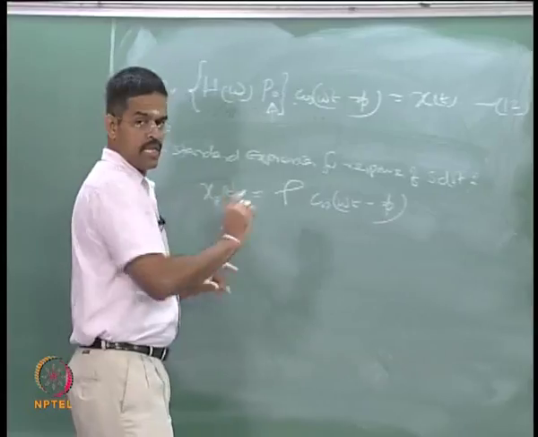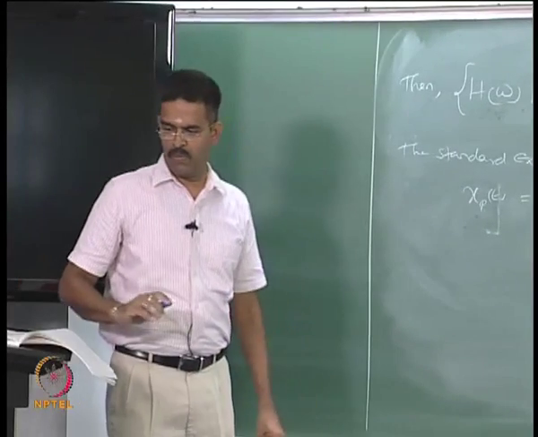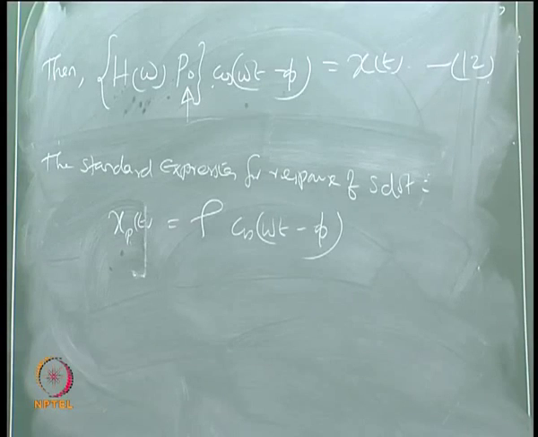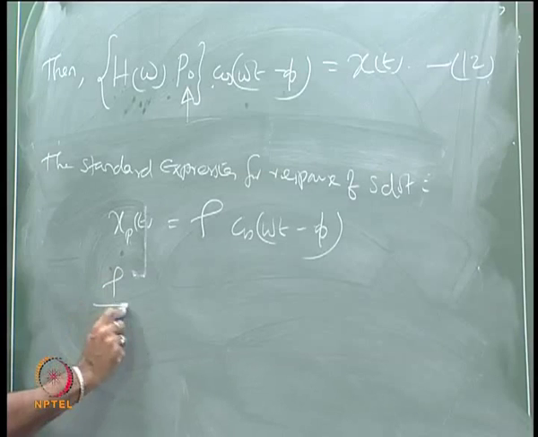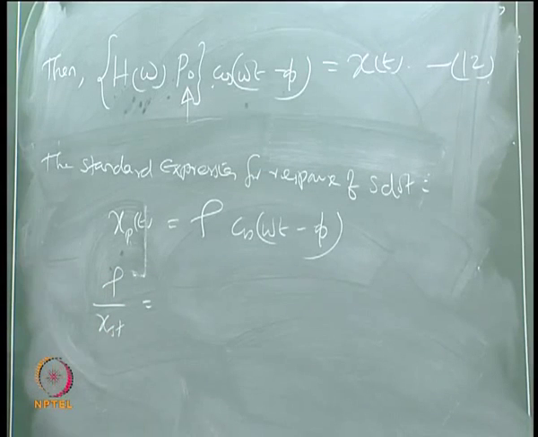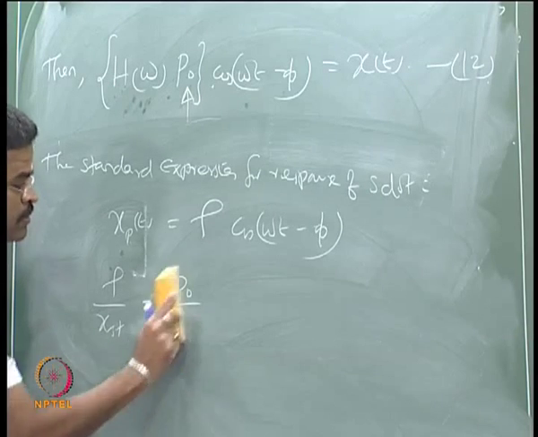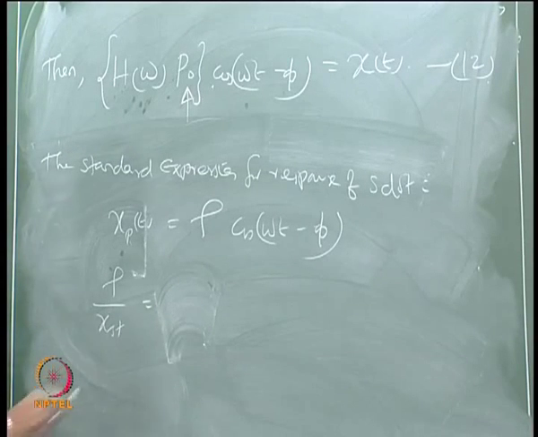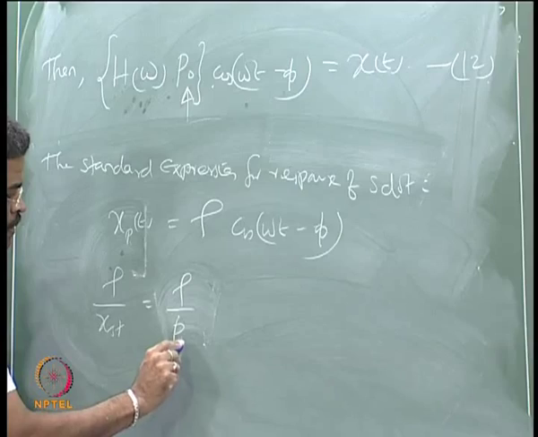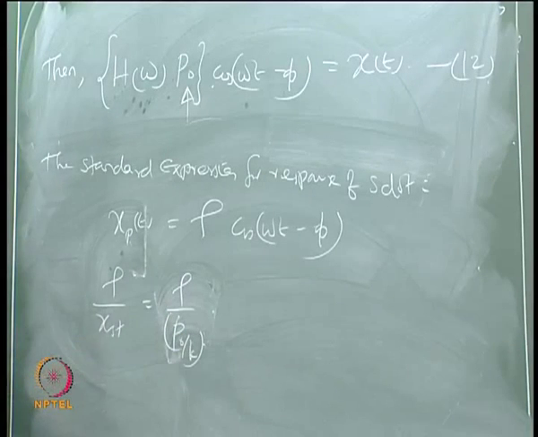We had this equation earlier somewhere in the first module, and we already said the rho by x static is nothing but rho by p naught by k, which is the amplification factor, is it not?